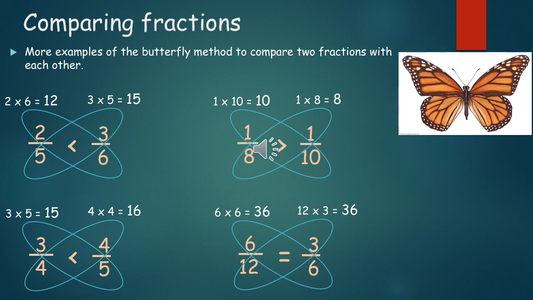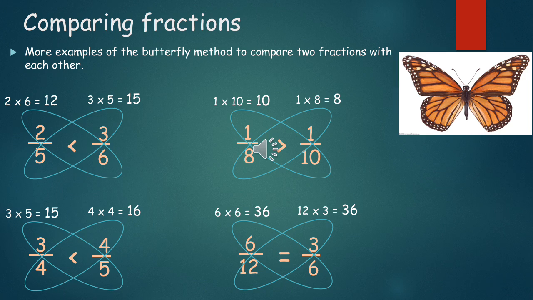Next example, 3/4, 4/5. 3 times 5 equals 15. 4 times 4 equals 16. 16 is bigger than 15. So 4/5 will be bigger than 3/4.